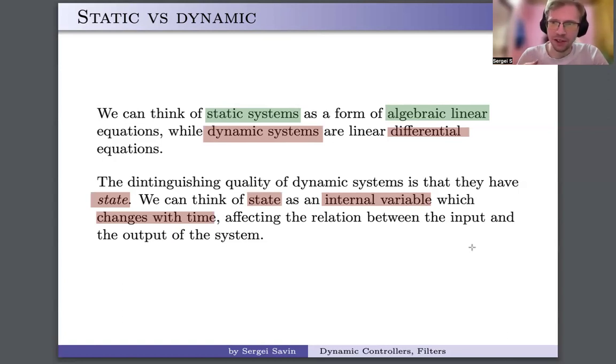So a statical system clearly does not have any variable like that because the relation between the input and the output is not affected. But a dynamical system does have a variable like that. So we can think of a dynamical system, unlike a static system, as having some internal variables that do some work inside the system.